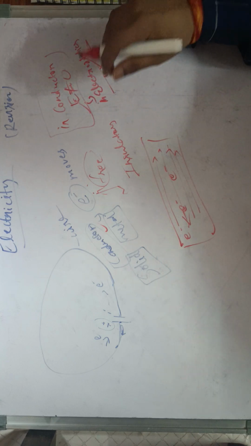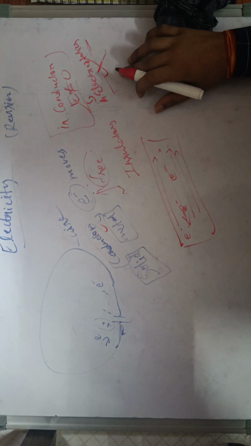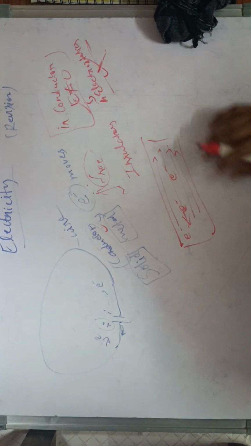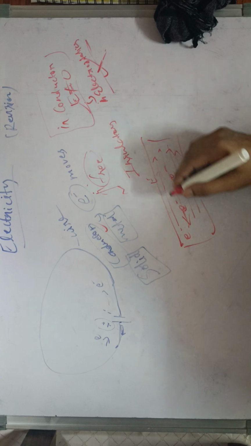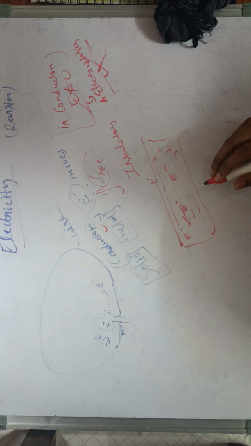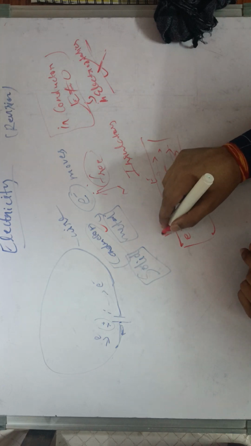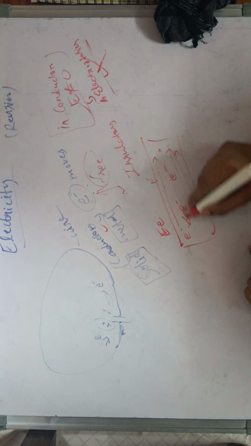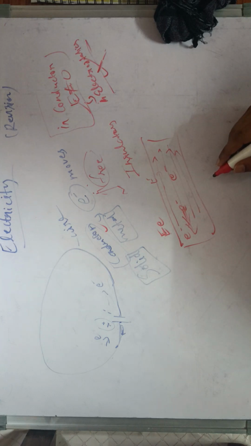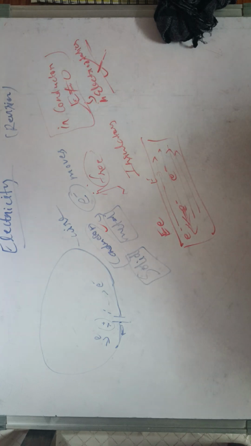If the charged particles are moving, then for sure there is some electric field and they are accelerating with some force. The force acting on the electrons would be eE, and these electrons will move in the direction opposite to the field, and this is how the motion of electrons starts.